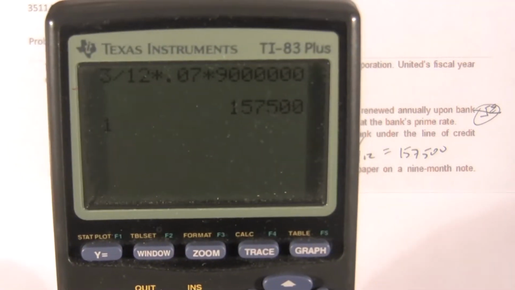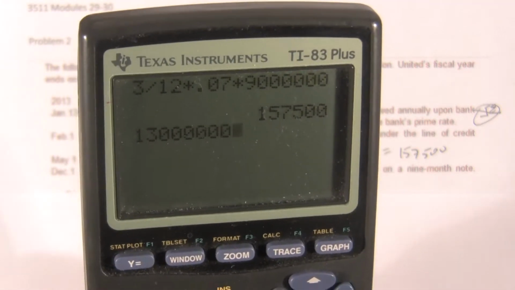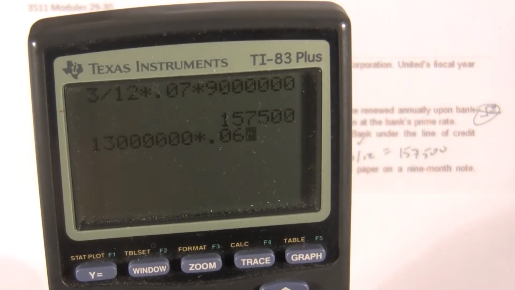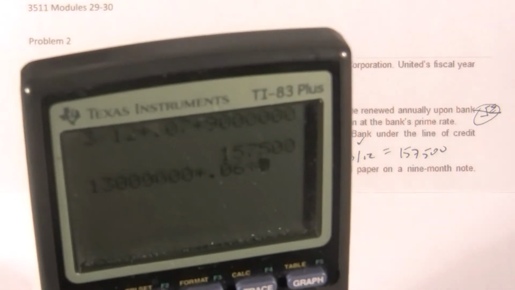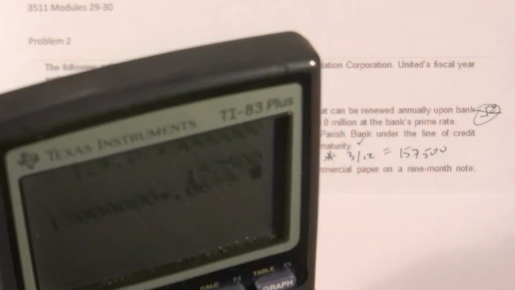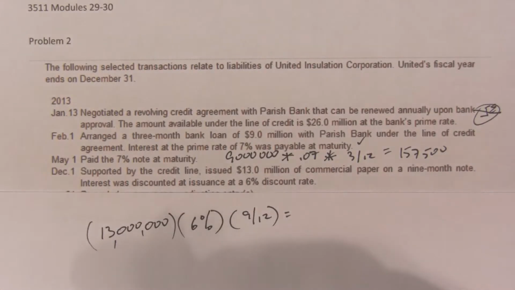Quick trip to the nerd cave. 13 mil times 0.06 times 9 divided by 12 is $585,000.